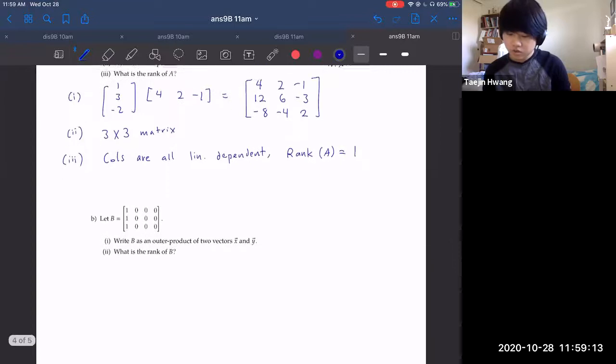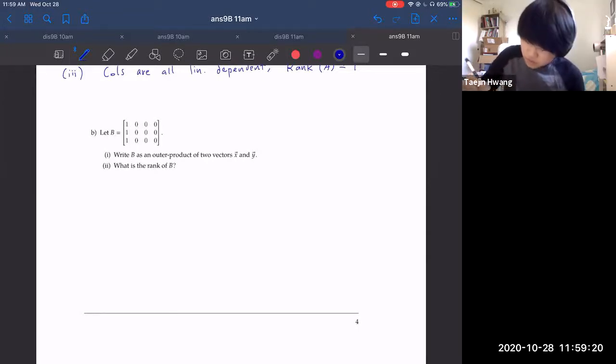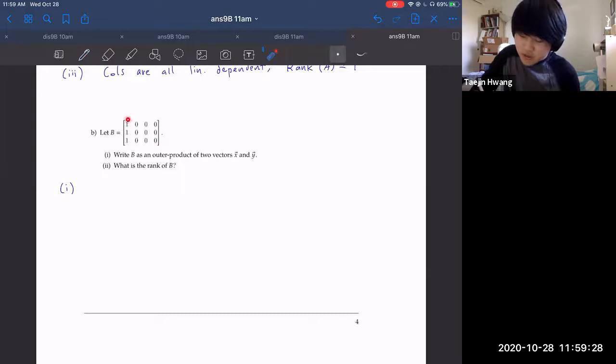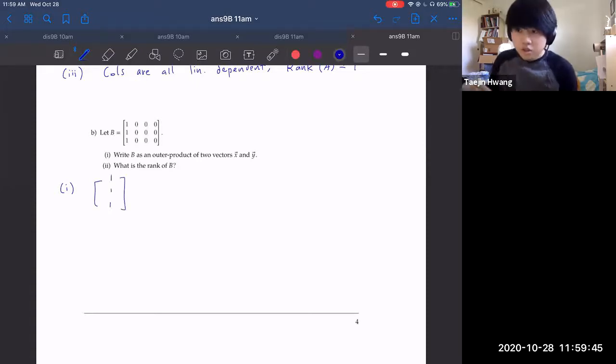All right. Let's quickly look at part B, since we're running out of time. The intuition here should be that the zeros don't provide any information, and we have this one vector over here. To write this as a single outer product, we can take the vector 1, 1, 1 and multiply it by a bunch of scalars.